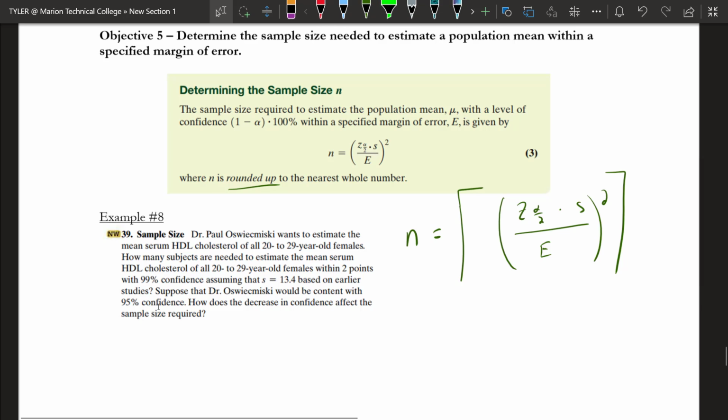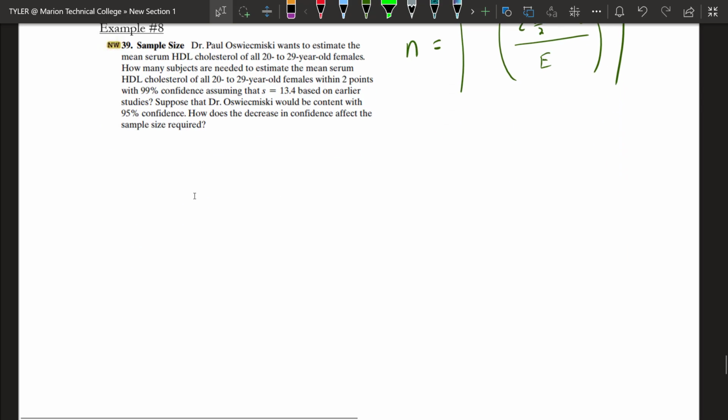The first part is, so if you're reading through this, it says Dr. Paul, I'm not sure how to pronounce that, Ozweekmiski, maybe, we'll call him Dr. O, wants to estimate the mean serum HDL cholesterol of all 20 to 29-year-old females.